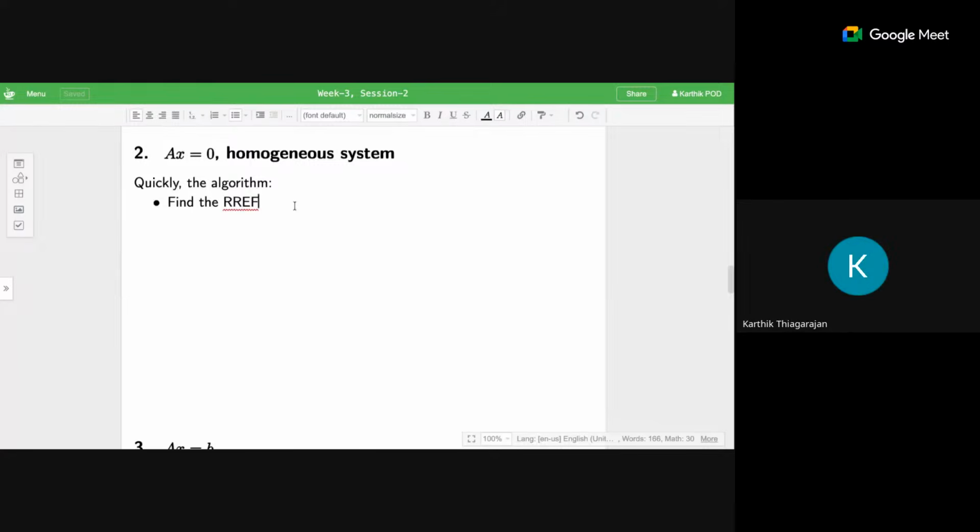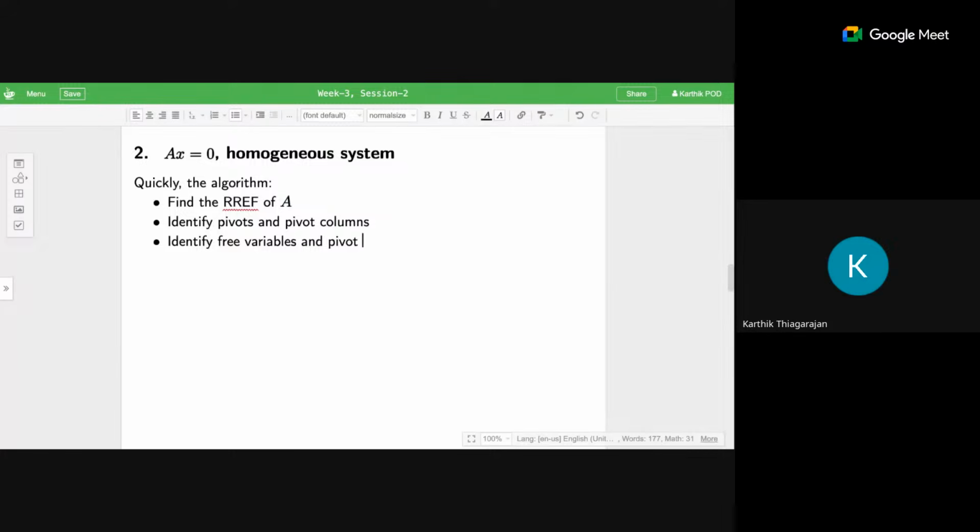So find the RREF of A, right? You will find the RREF of A. Identify pivots and pivot columns. Identify free variables and what is the other thing called? Dependent or pivot variables, right?